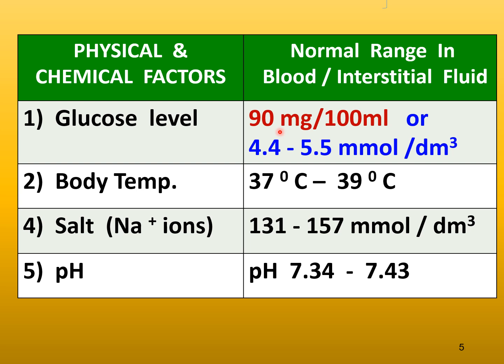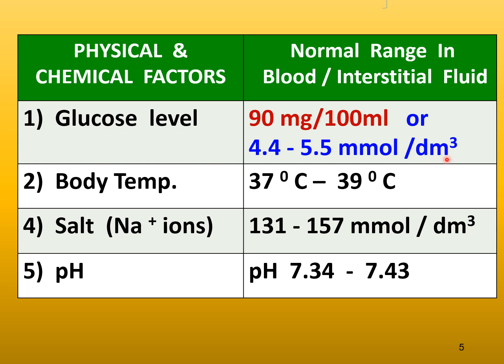If you have eaten something, surely the blood glucose level will shoot up beyond this. So for the fasting blood glucose level, if it is higher than, let's say, 6 millimoles per decimeter cube, for example somebody may have, say, 9 or 10 millimoles per decimeter cube, that is an abnormal value.